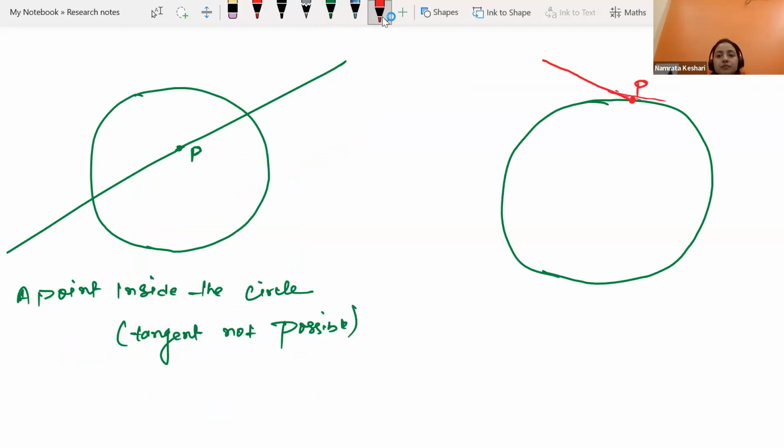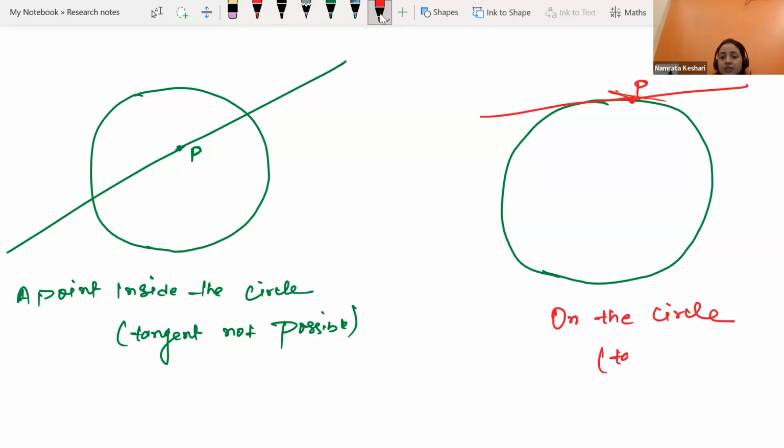One and only one tangent can be drawn from here. We discussed this yesterday too: if only one point is given, through that point we can draw only one tangent. So if a point is on the circle, then we can draw a tangent, and one tangent is possible.